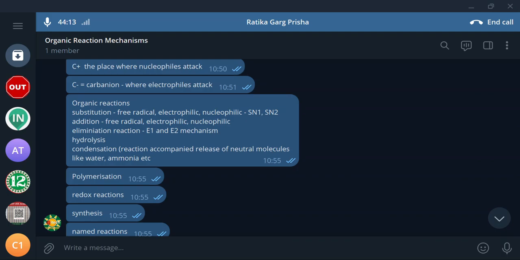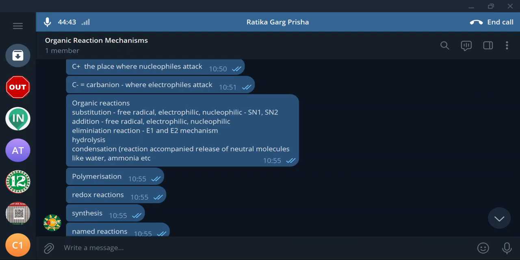Similarly, you have electrophilic addition reaction and nucleophilic addition reaction. Then elimination. Elimination means one of the atoms will be removed. These reactions have two mechanisms, the E1 mechanism and the E2 mechanism, like SN1 and SN2. Usually these beta protons are abstracted by the incoming OH minus ion.